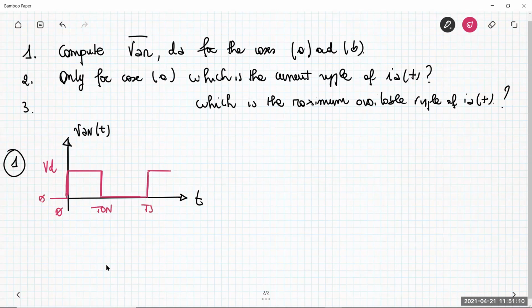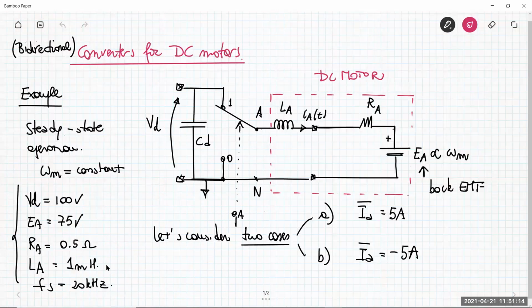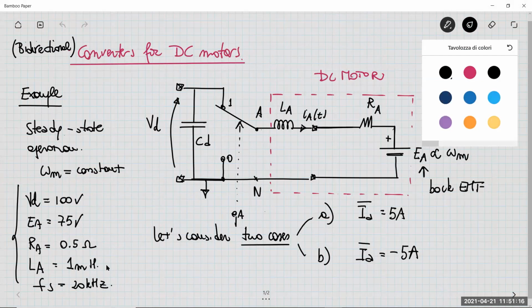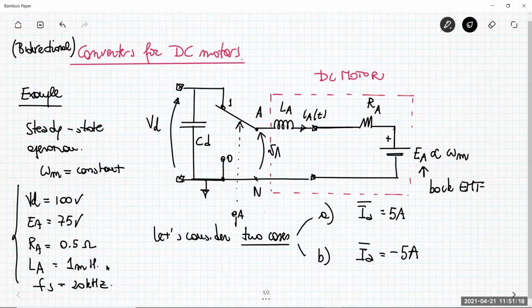So this is the variation of the voltage VIN: when the switch is in position 1 it is VD, and when the switch is in position 0, it is 0.